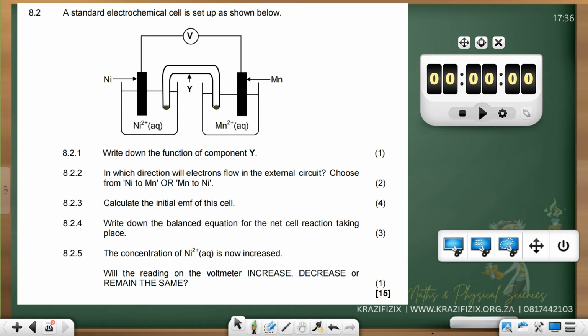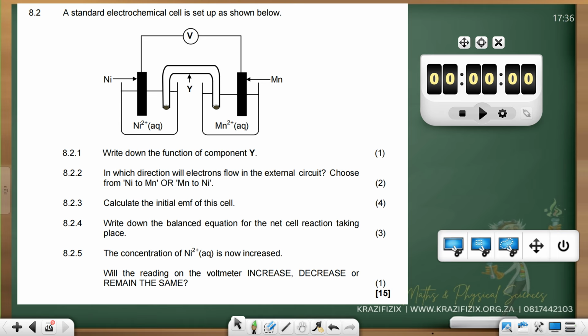Which one is the anode? Let me hear from those at home. Somebody quickly talk. If you are not sure, let us help you. Linda says Ni. I would like to disagree with them. Mohammed says Mn. If we're having 2 answers, then we have a problem.